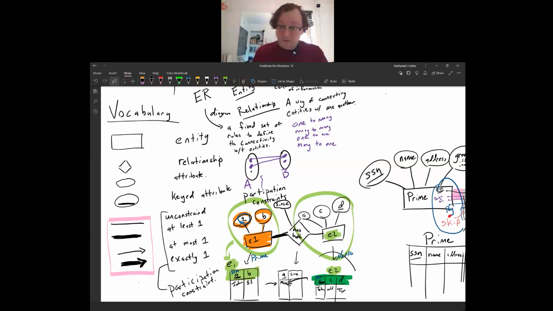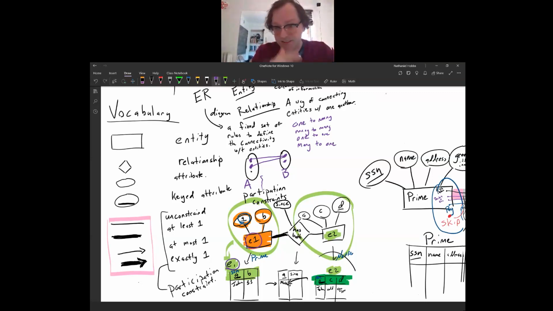So today we're going to give a few more examples of entity relationship diagrams, and I want you to try to come up with the tables that would correspond to them. Generally, it's very straightforward with the entity, because for the entity, you have the name of the table.